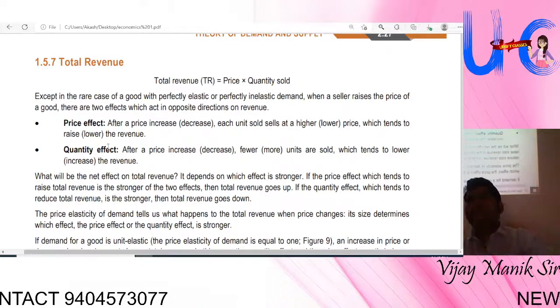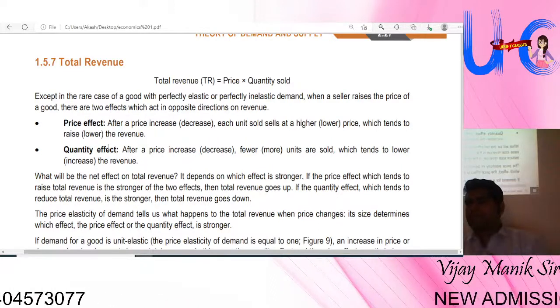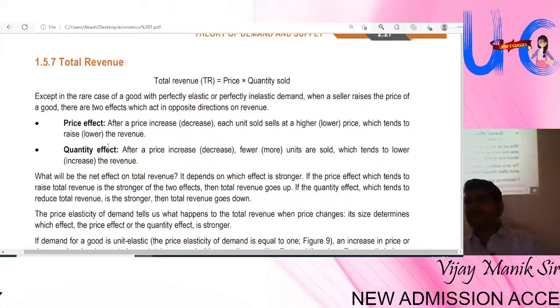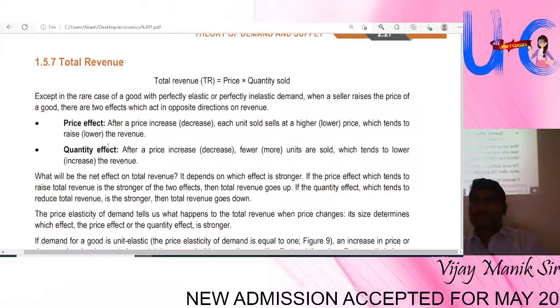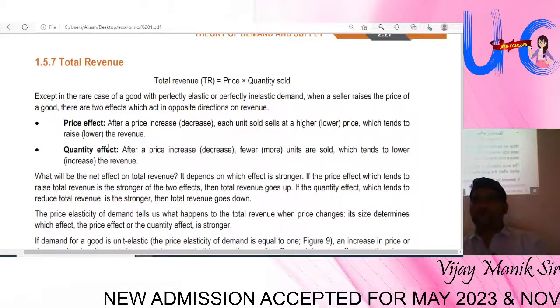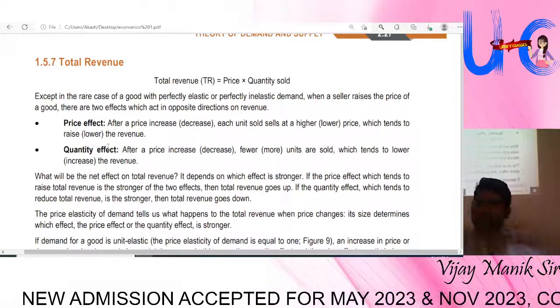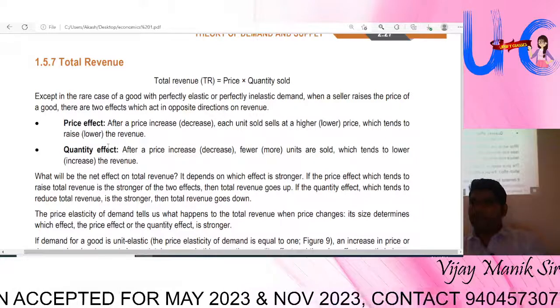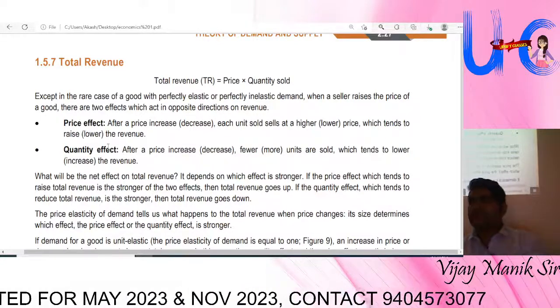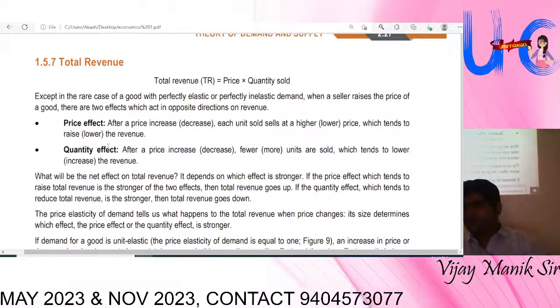It will increase the benefit of that particular company or firm, although the price will be less, because quantity is more. In this way, both the effects can be beneficial to the firm in the context of total revenue.